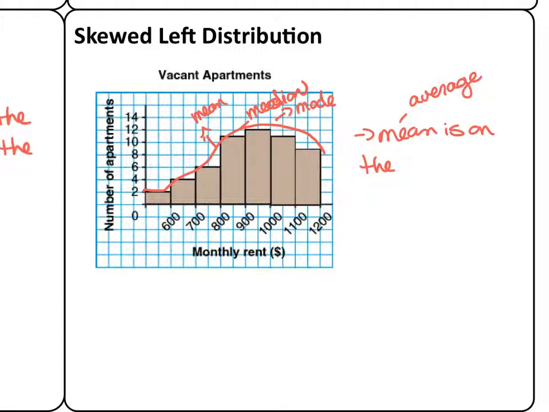We're going to talk about the mean, median, mode in the next lesson. So the average is on the left side of the peak. So that's why it's called skewed to the left.